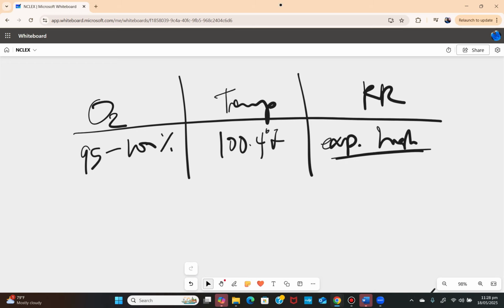So when you see on the NCLEX exam that the lady is in labor, and the NCLEX is telling you the respiratory rate is high, it's expected. It's not a bad thing. If you have a temperature higher than 100.4 degrees Fahrenheit, it's a problem. If you have low oxygen, it's a problem. So these are the three vital signs you want to know for labor.